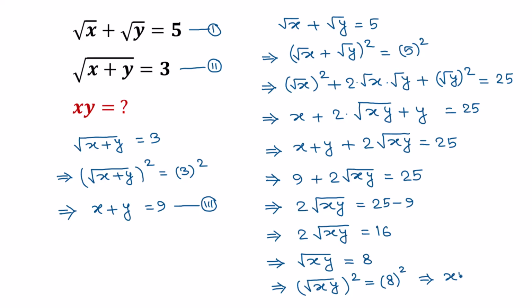So xy will be 8 square, which is 64, and we have to find the value of xy. So the value of xy is 64, and this is the solution of our given problem.